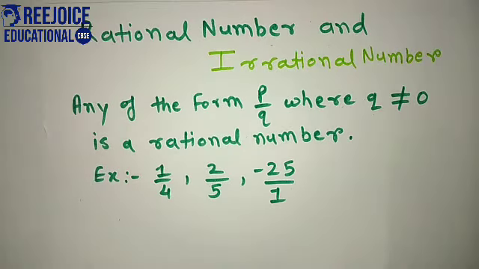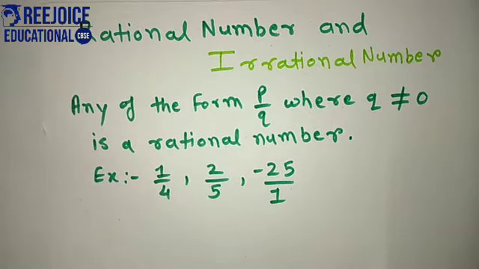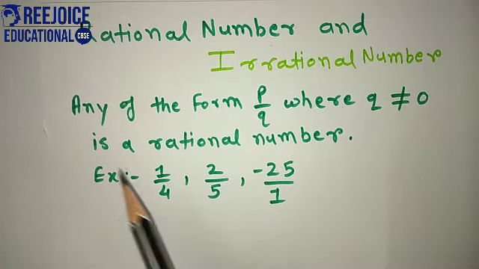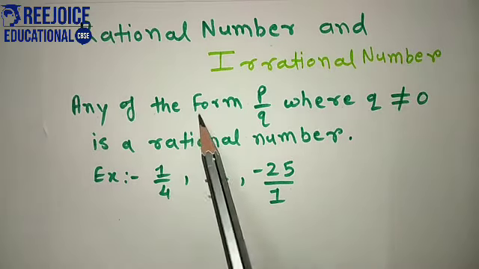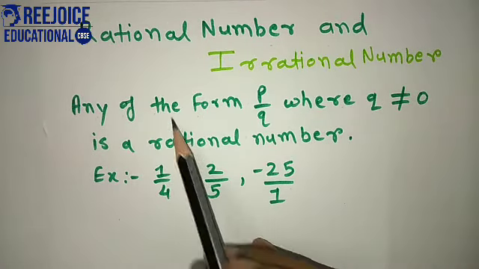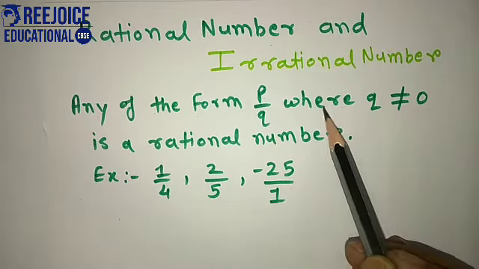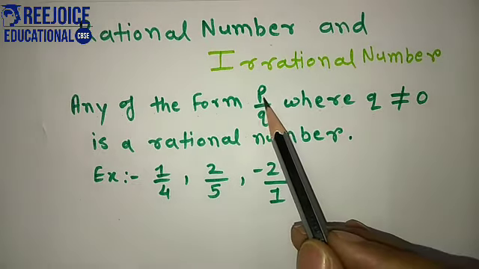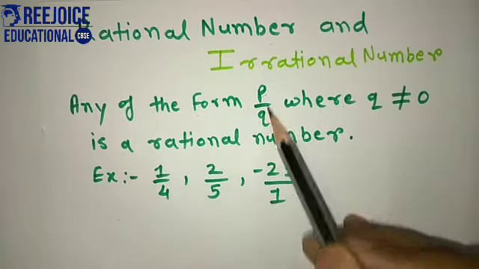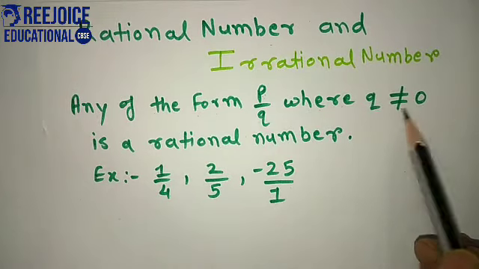Now dear students, let us see what are rational numbers and irrational numbers. Let us first see what a rational number is, and then I will explain the irrational number with the help of examples. First of all, I would like to tell you about the rational number. Any number of the form p by q, which is kind of a fraction, where q is not equal to 0.